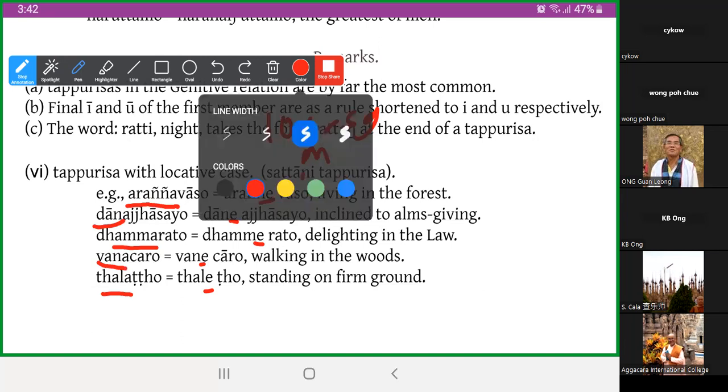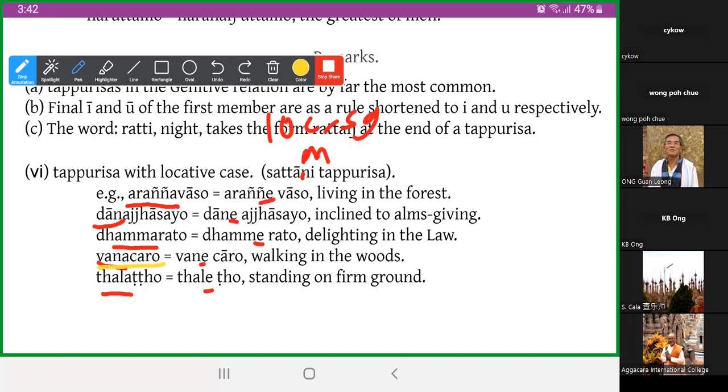So this one, Wana Charo, what is this? Do you know? Walking in the woods. Who is this person? Could be working in the woods, either hunter or traveler or wanderer. According to the dictionary, it is a forester, one in a forest. Hunter also can, but I don't think it's this Pali.